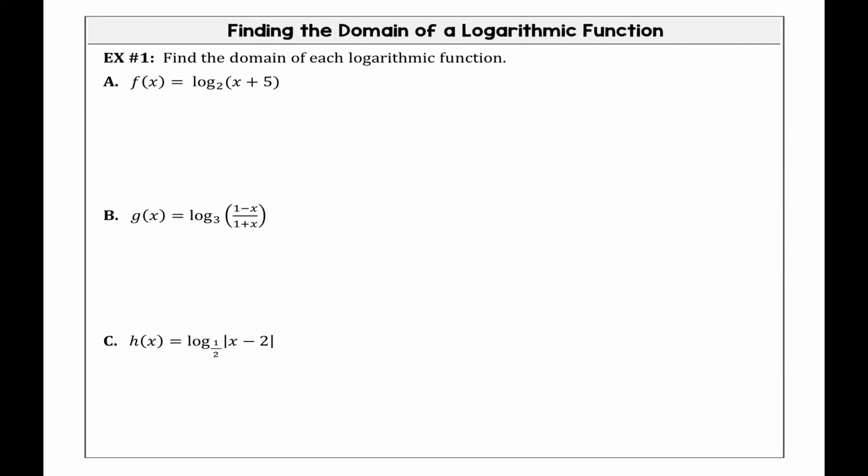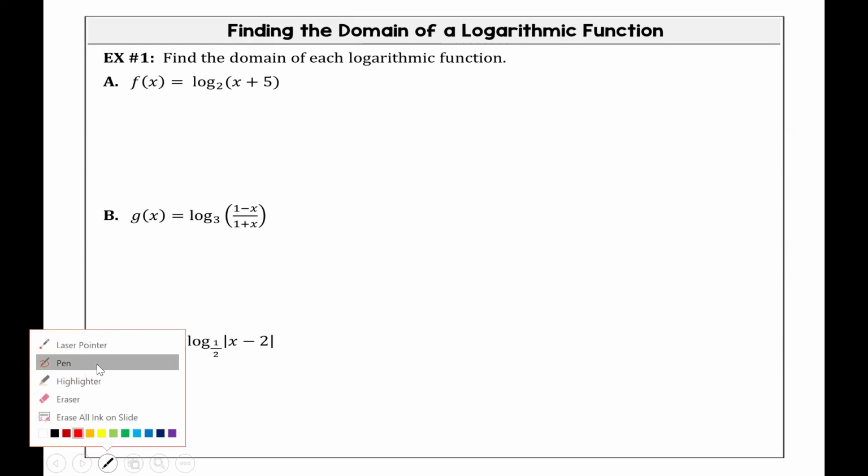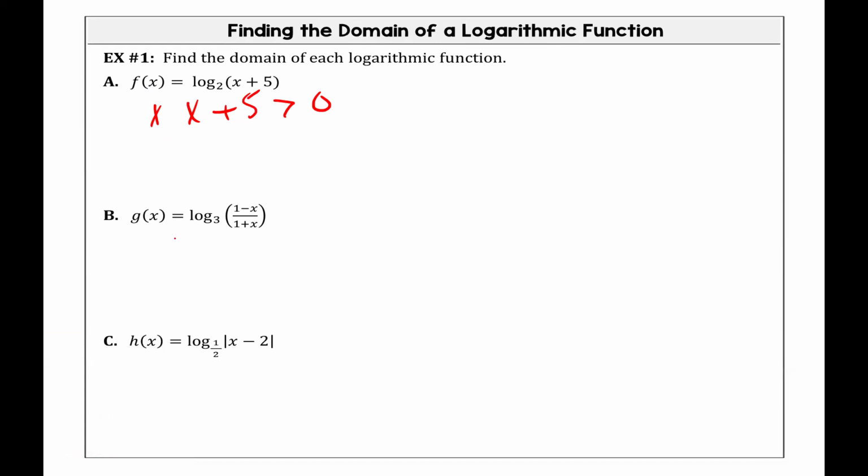So now your vertical asymptote has shifted. Okay, there we go. So if I have this set up where x plus 5 has to be greater than 0, X can be a negative because of this shift. But what's inside the parentheses has to be positive, has to be greater than 0.